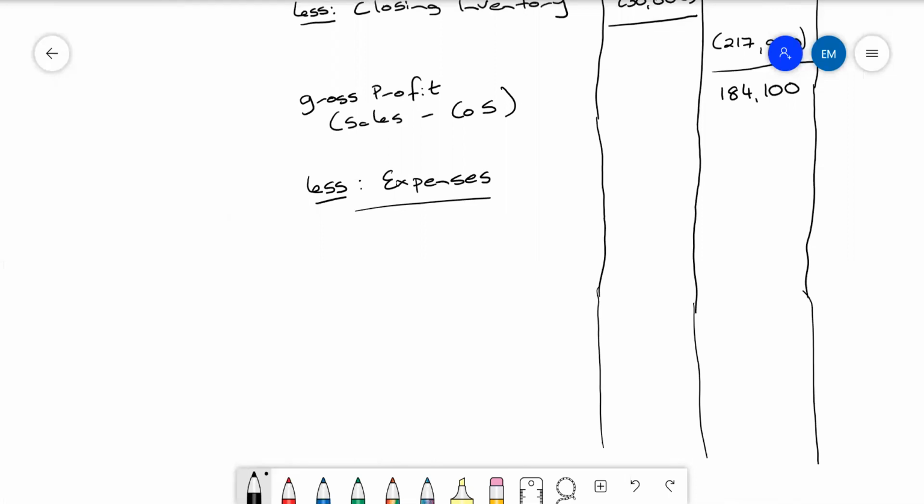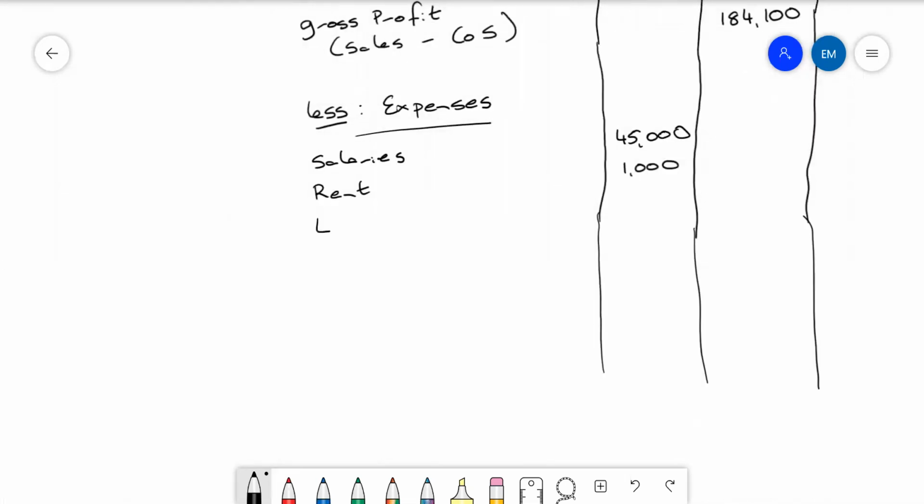So we had, from our trial balance, salaries, 45,000. We had rent, 1,000. We had light and heat, 1,950.